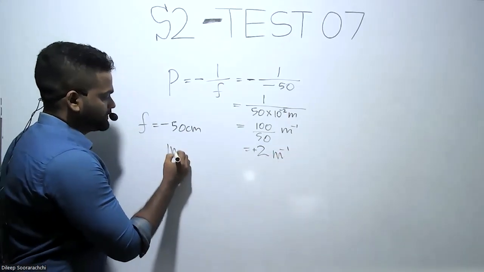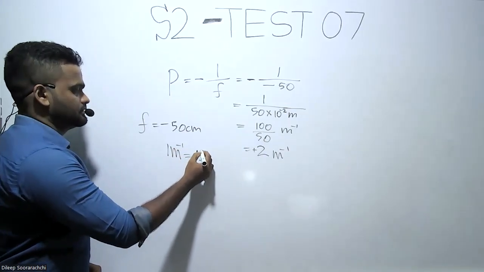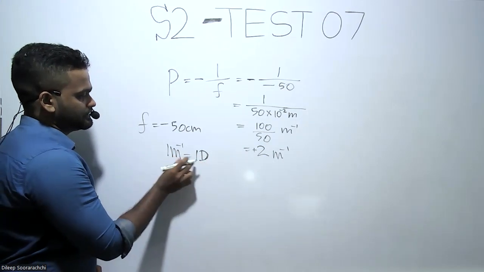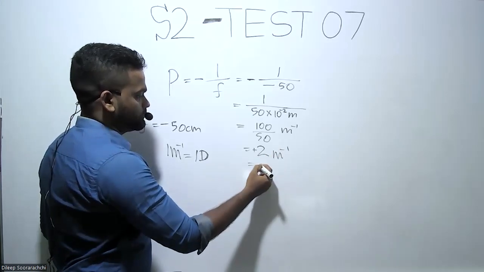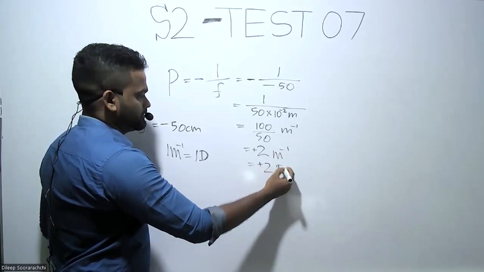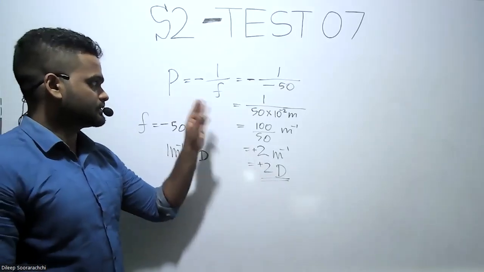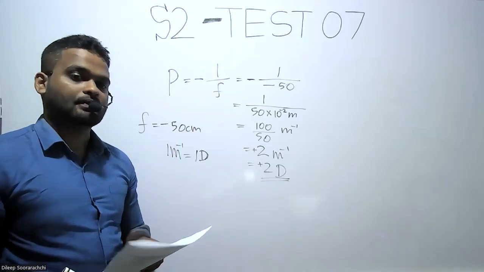So you should know that per meter means 1 diopter, right? You learn this stuff in theories. Per meter equals 1 diopter. So instead of per meter, I can put diopter there. Okay, so we got plus 2 diopters. That is the power of a lens of focal length 50 centimeters.